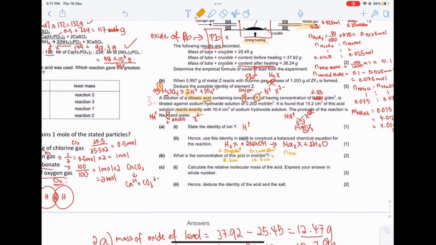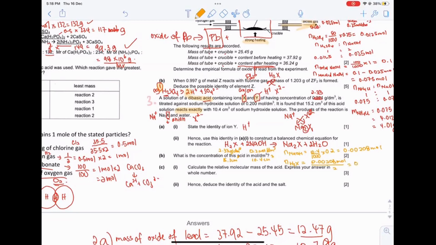So we figure out the number of moles of NaOH. That would be 10.4 over 1000 times 0.2. Volume times concentration will give you mole. So the answer is 0.00208 mole. By mole ratio, number of moles of H2X equals 0.00208 mole over 2, because the mole ratio is 1:2.